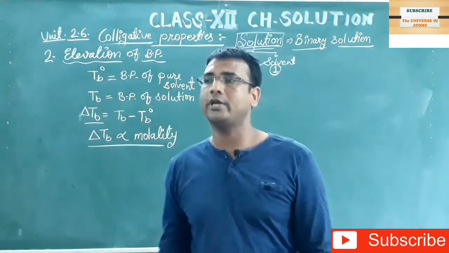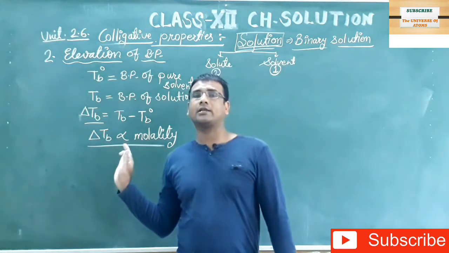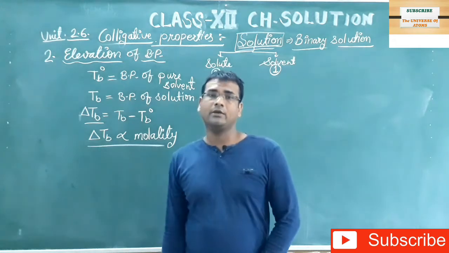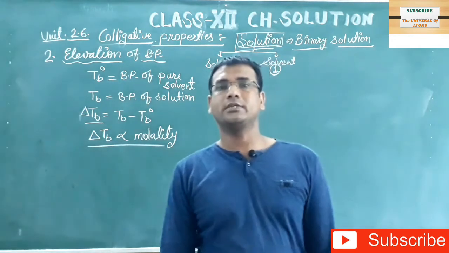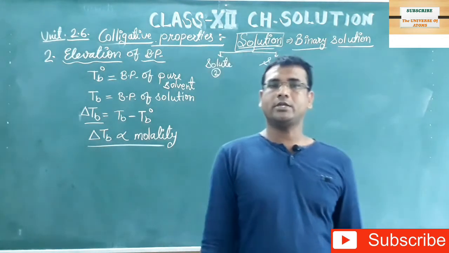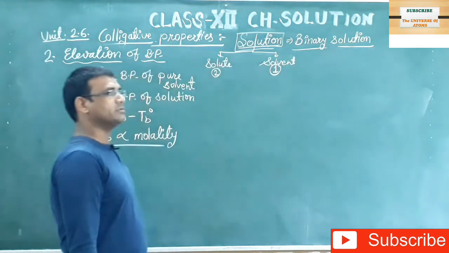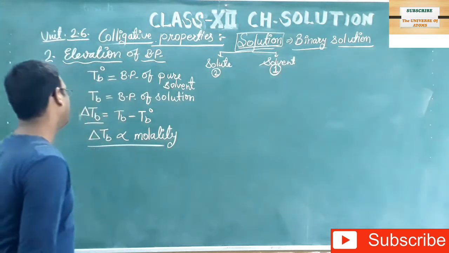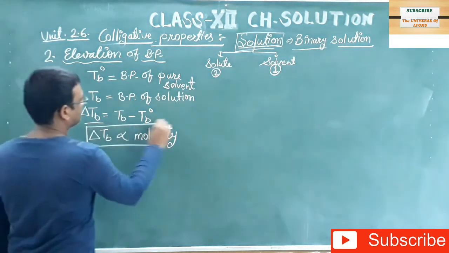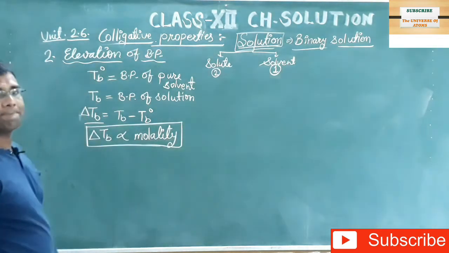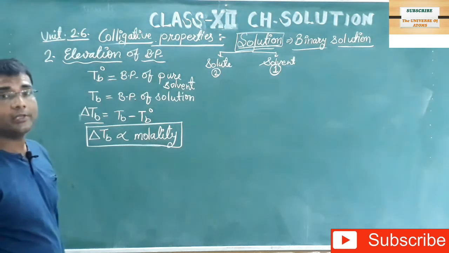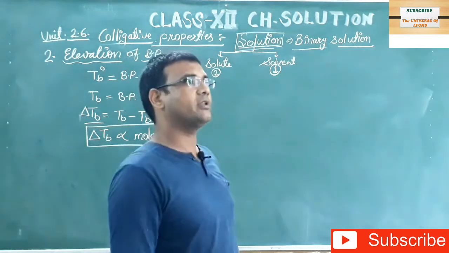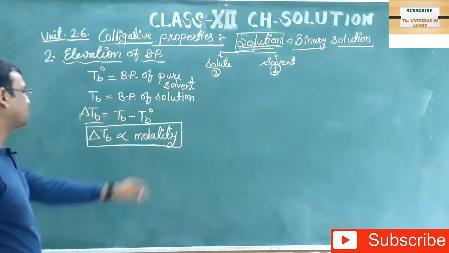This relation we are using directly. There is no derivation for this one, because the study of this derivation is beyond the scope of this level or this class. The term molality is very well known to you, because in the beginning of the chapter we discussed it.